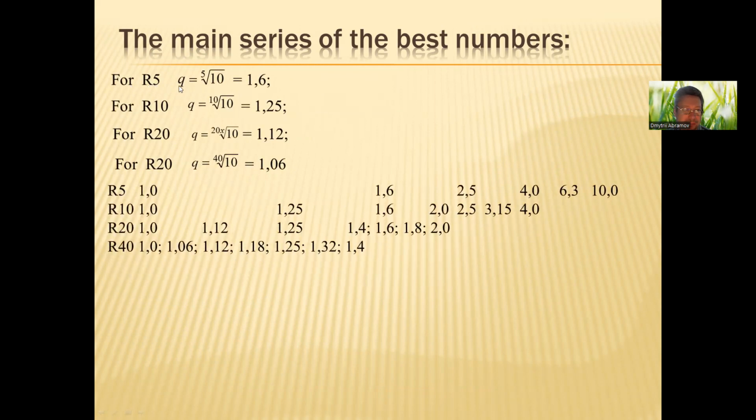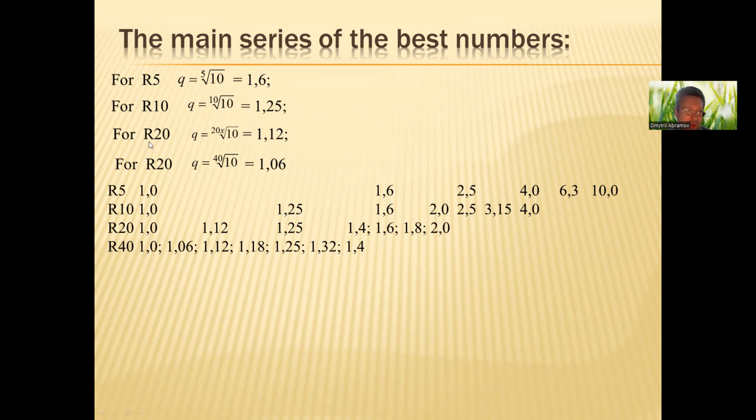For R5, Q is equal to 1.6, and for R5 we can see the first number 1.0, then 1.6, then 2.5, 4.0, and the next parameters. Next row, R10, Q is equal to 1.25. First item 1.0, second item 1.25, and then 1.6, 2.0, 2.5, and other items.